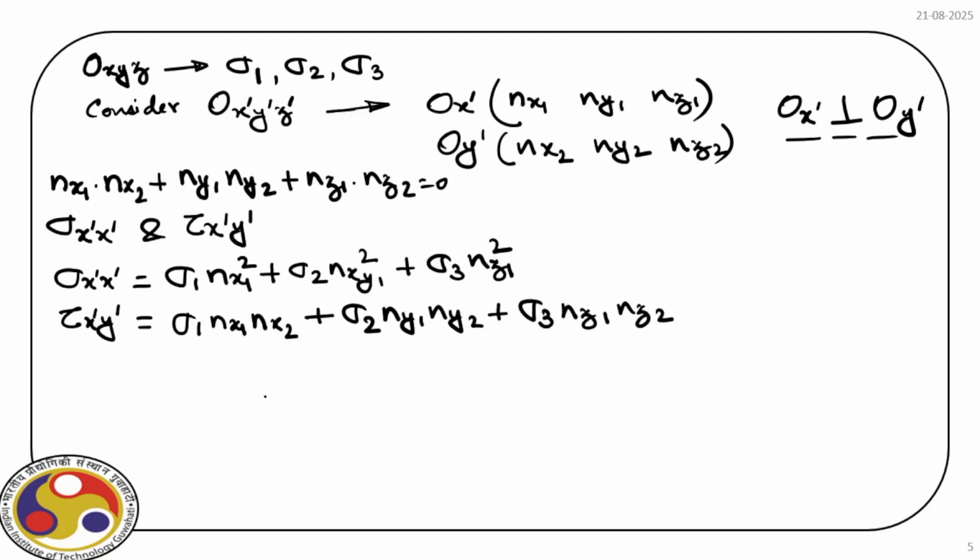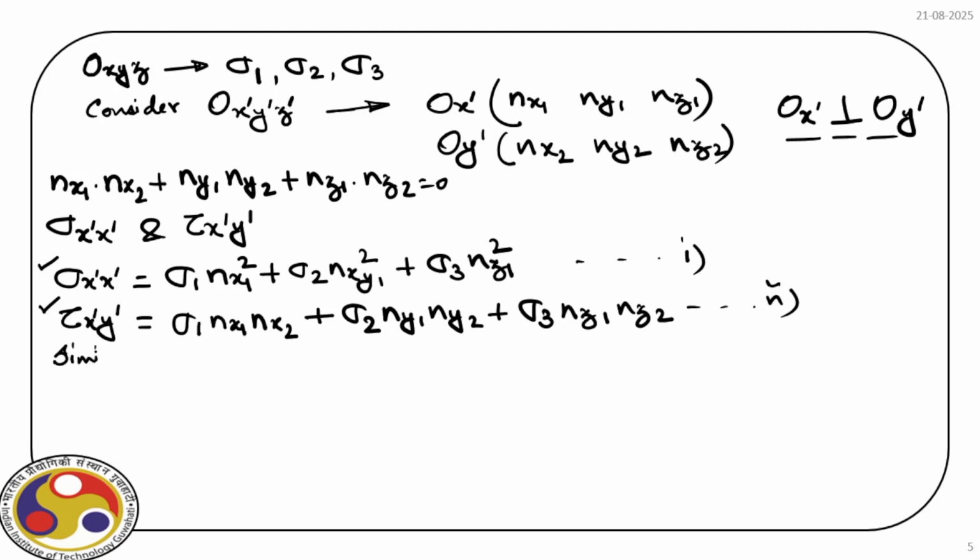Right? Okay. Now, this equation is equation number 1 and this is equation number 2. These are the two equations that express sigma x prime and tau x prime y prime in terms of principal components sigma 1, sigma 2, sigma 3, right?